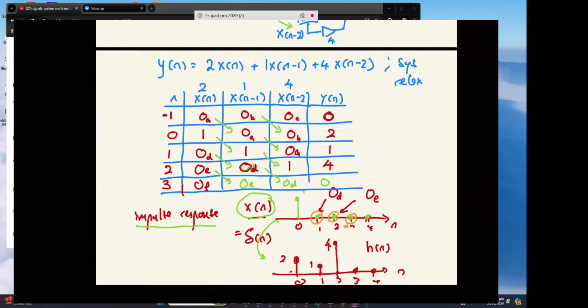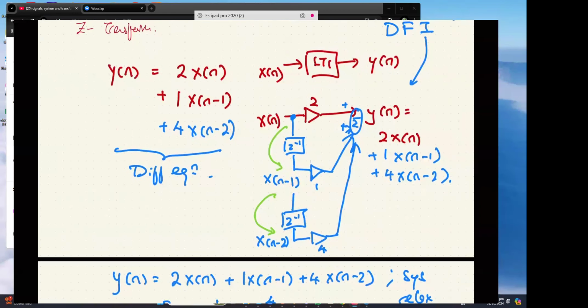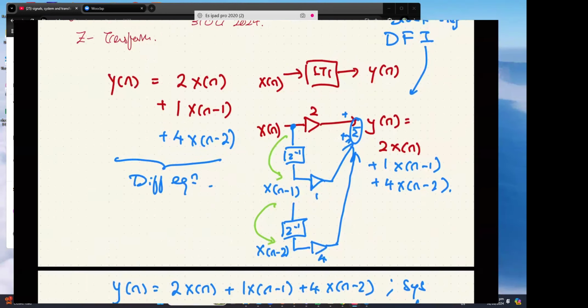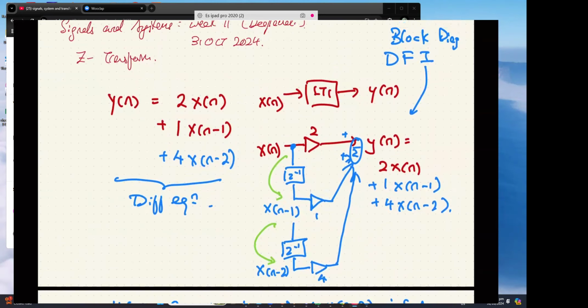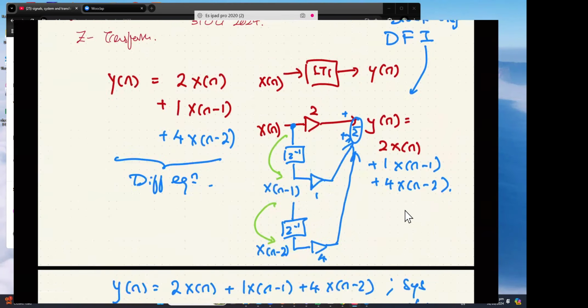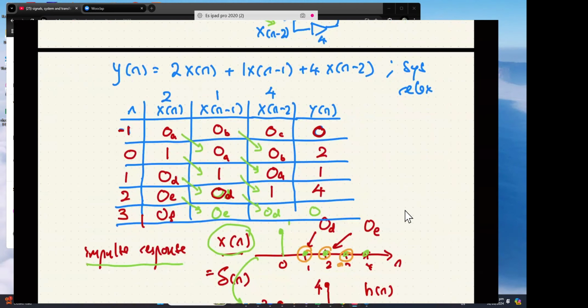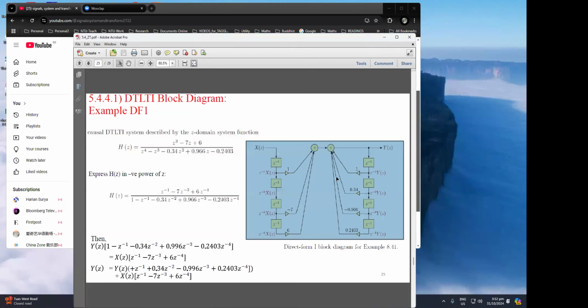All right. So I have done a difference equation and a block diagram, and I've done a brute force approach. So now let's make our difference equation more complex. Let's try.